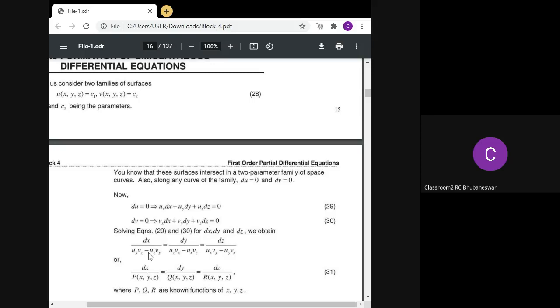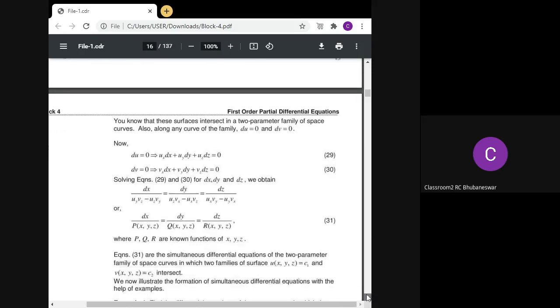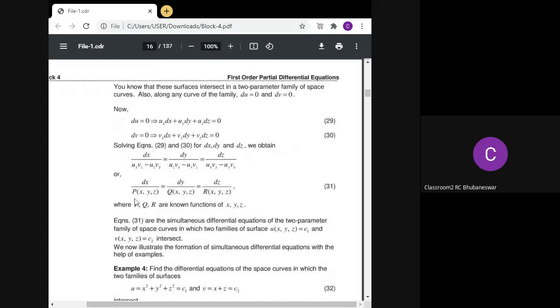Now, to simplify our calculation, we have taken new functions: capital P in the form of P(x, y, z), the denominator of the first fraction, capital Q(x, y, z), the denominator of the second fraction, and capital R, the denominator of the third fraction.